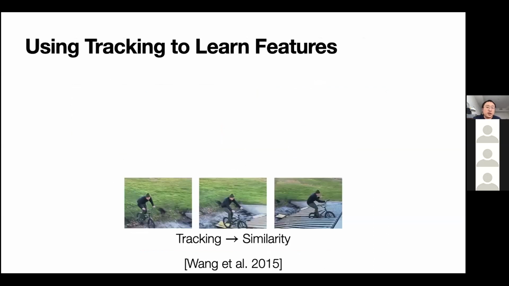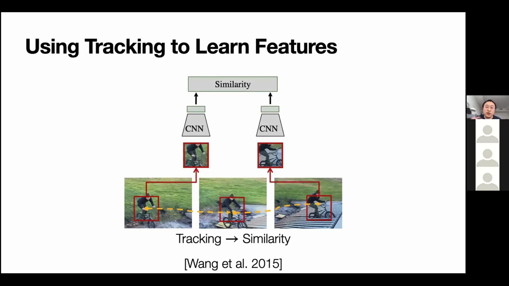Most related to us is one of our previous works that used tracking to learn representations that capture visual similarity. For example, using off-the-shelf trackers, we can provide examples for visual metric learning. We can force the network to learn similar representations for these two patches from the same track, and the representation should also be different from other random patches from other videos.